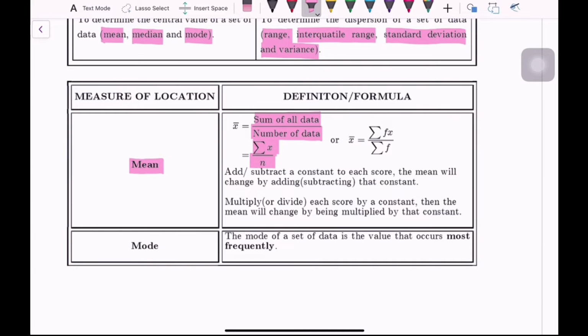But if the data is in the form of a frequency table, the mean is sum of fx divided by sum of f. Mode. The mode of a set of data is the value that occurs most frequently.